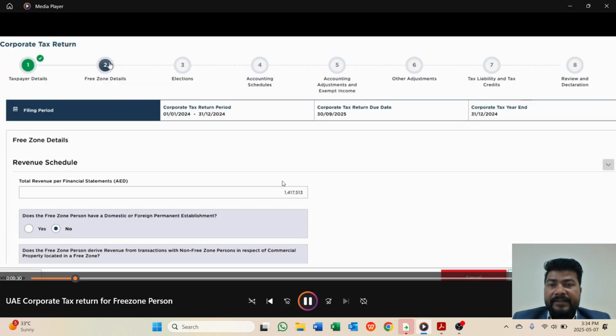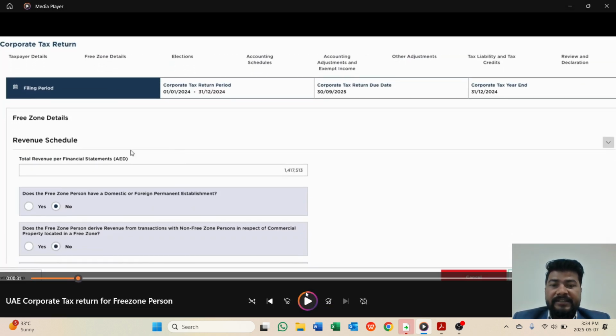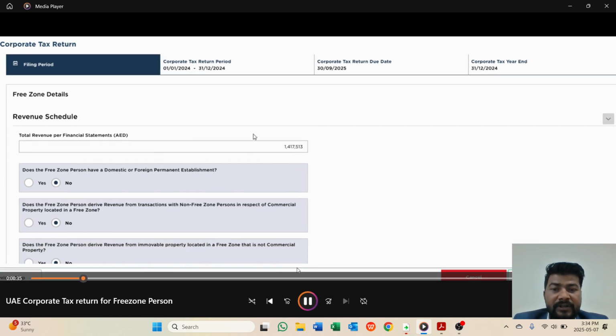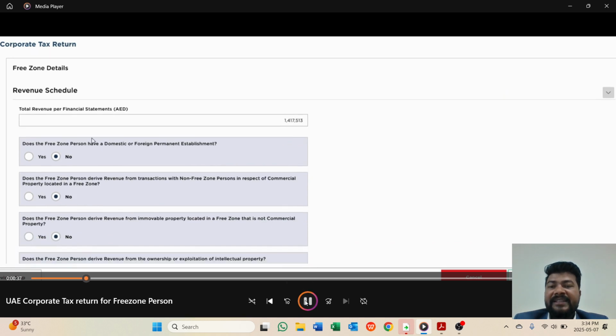Now after that you will come to the free zone section. Here again, based on the financial statement, you will put your total revenue. Then you will be asked if you have any permanent establishment, whether foreign or domestic.